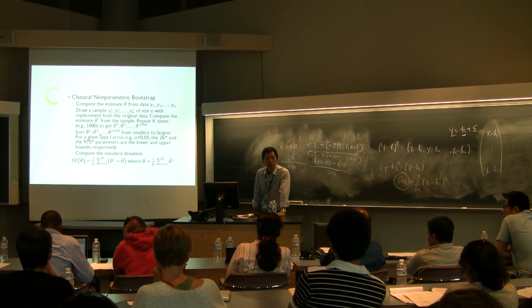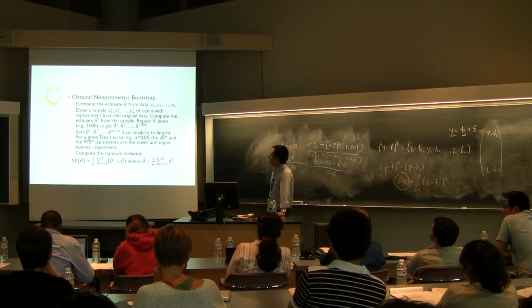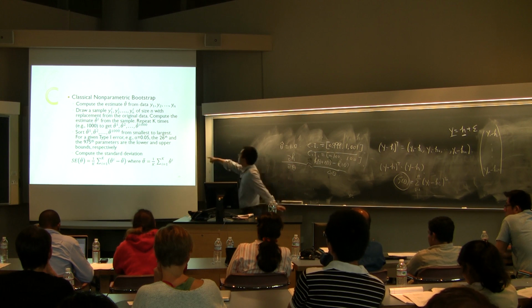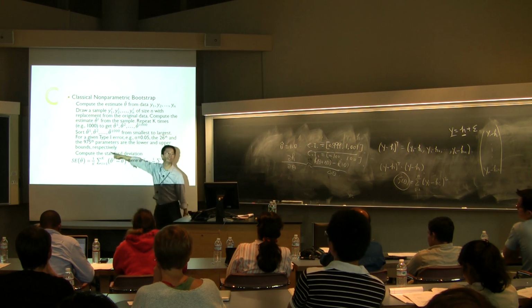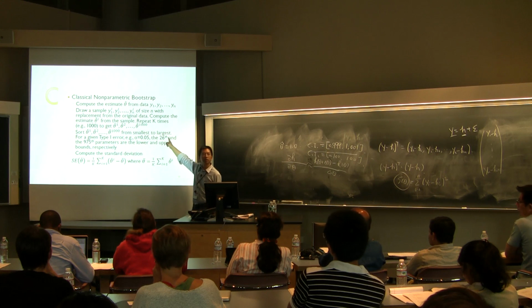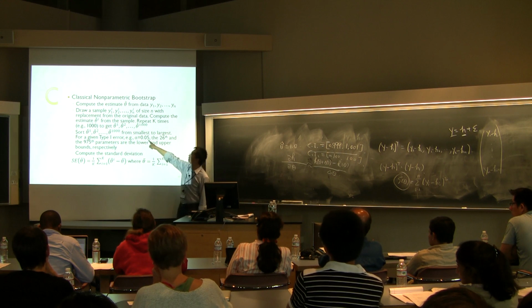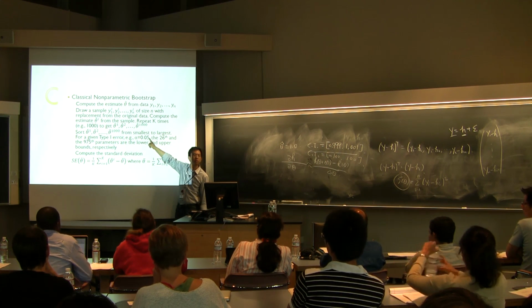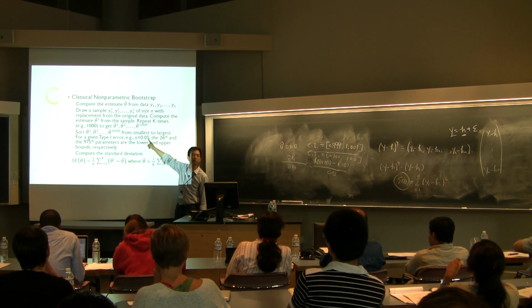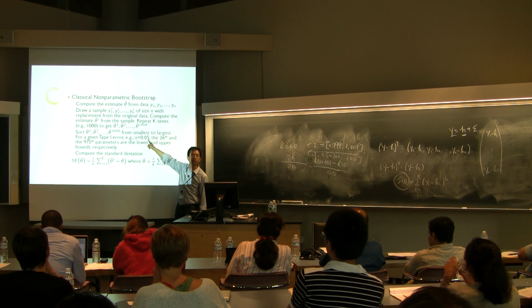Implementation-wise, it's simple, right? You just sort them from smallest to largest, and then count to a number. Why do I start from here and end here? Because I have 1,000 estimates, and this error rate is 0.05. 1,000 multiplied by 0.05 is equal to 50.